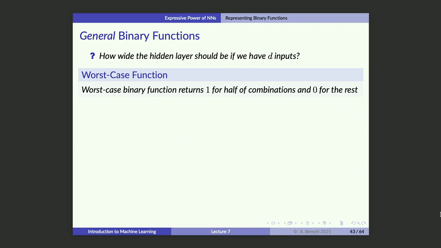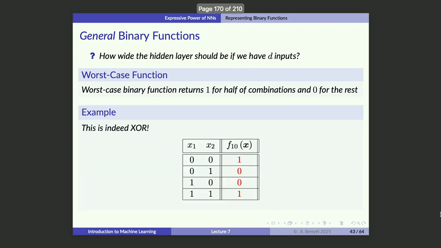So if this is the most complicated case, what should I do? For instance here, this is one of those very complicated ones. This is essentially XOR. XOR is known in its own two-dimensional space to be the most complicated binary function. But here, as you can see, you have 4 different cases at the output of the function. Half of them are 1, half of them are 0, right? So this is the most complicated form you could have.